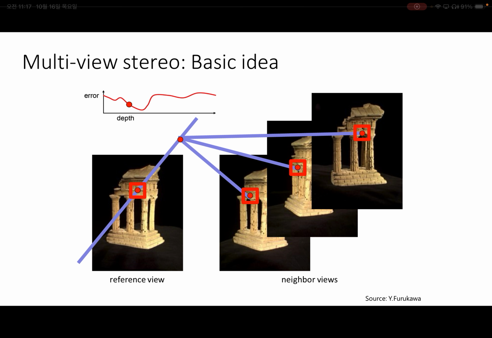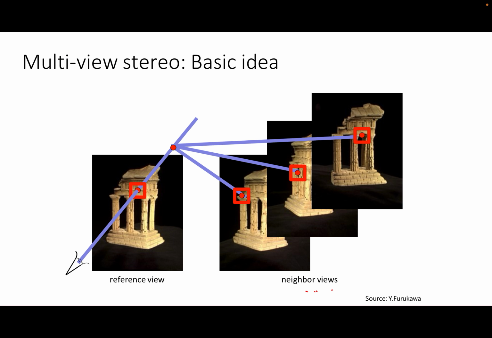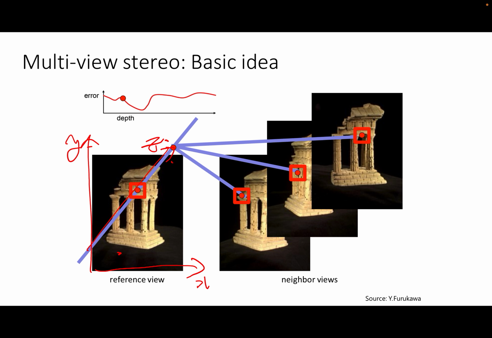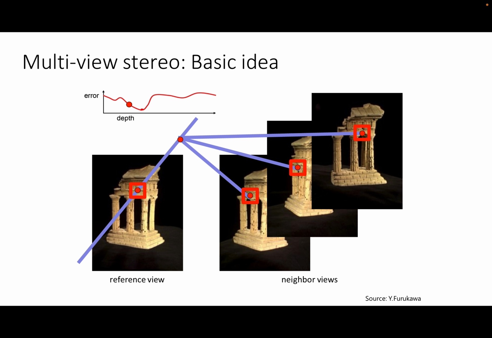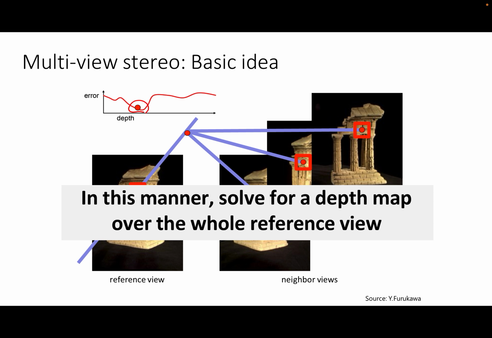If we increase depth, the error becomes lower and lower. So this is the optimal point, lowest error. So here we try different depths in this coordinate system. We try different depths, and then measure the reprojection error, and in this manner we try different depths and then measure errors.